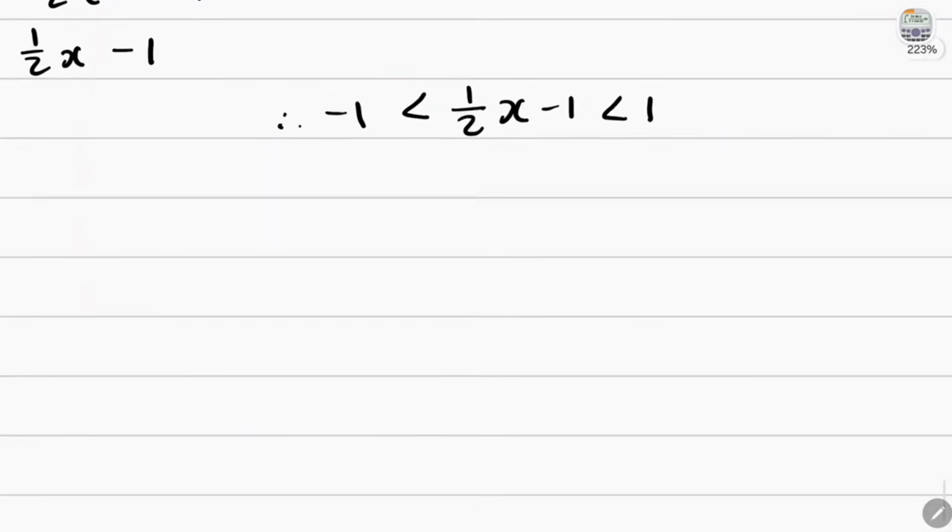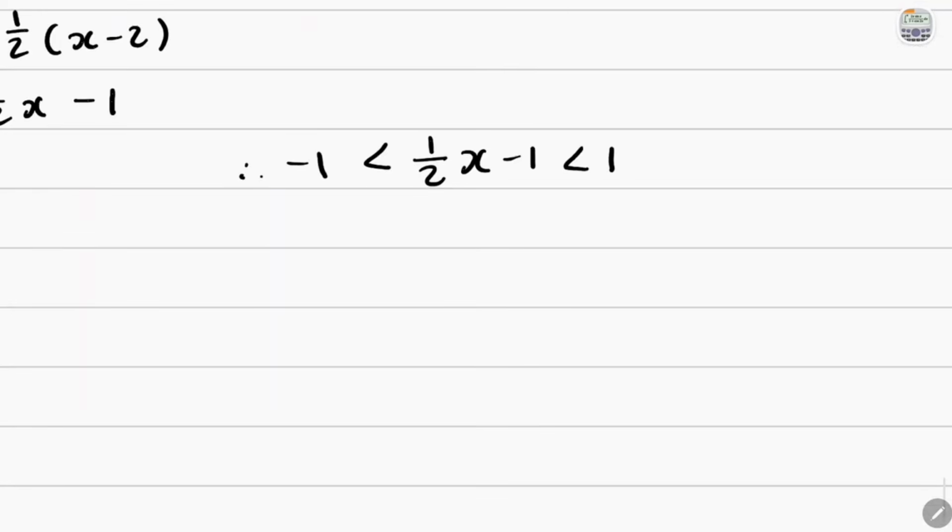Let's go ahead and solve our inequality. This is actually two inequalities that have been put as one. So we transpose the -1 and it becomes positive: -1 plus 1 is 0. We still have a half x, and we transpose the 1 over to this side as well, because remember there are two inequalities put as one. So 1 plus 1 is 2.